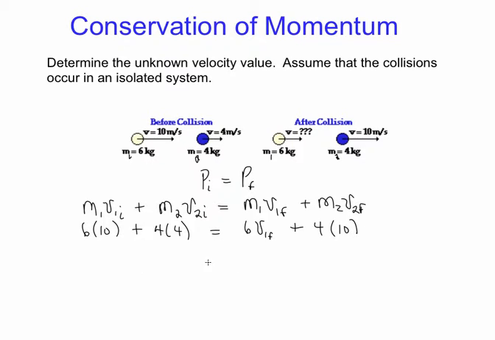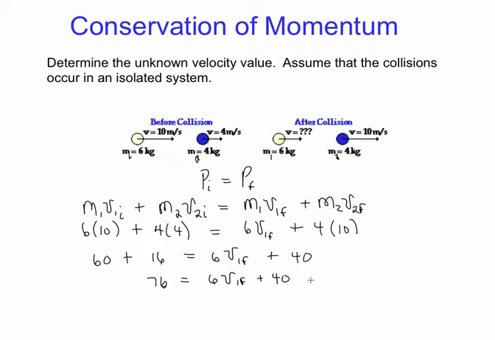All right, now all we have to do is solve for V1 final. 6 times 10 is 60, plus 4 times 4, which is 16, equals 6 V1 final, that's what I'm looking for, plus 4 times 10, which is 40. We add these two together, that gives me 76 equals 6 V1 final plus 40.